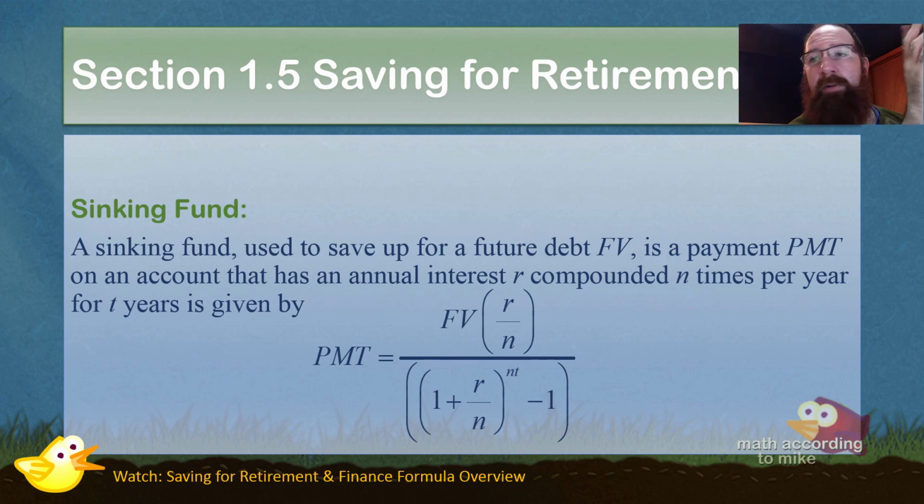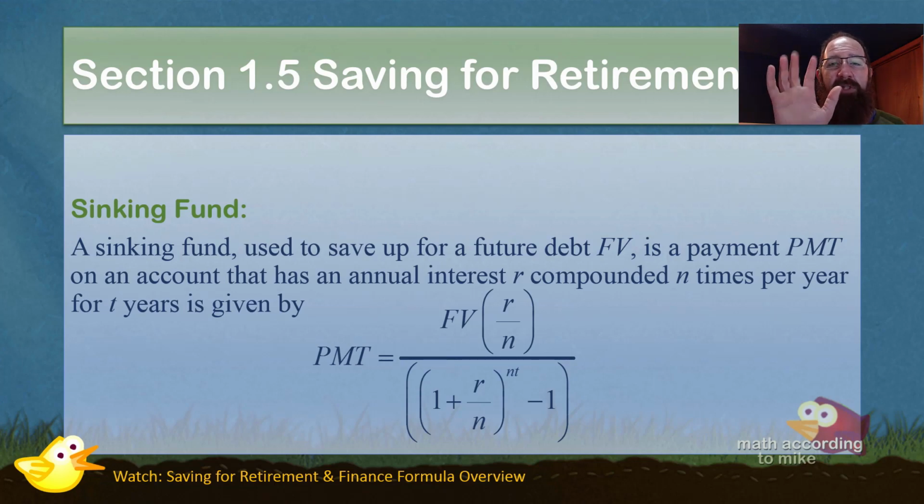Now, while I'm here, and this again will be the last little bit I say before you watch these two, please be careful with the difference between a sinking fund and a present value of an annuity. A present value of an annuity and also a regular present value is a lump sum that you put away in the beginning. For a normal present value, you take that money out once.